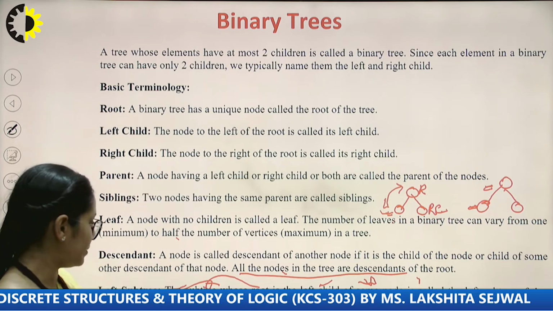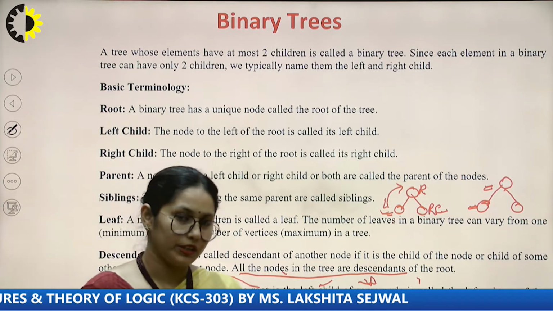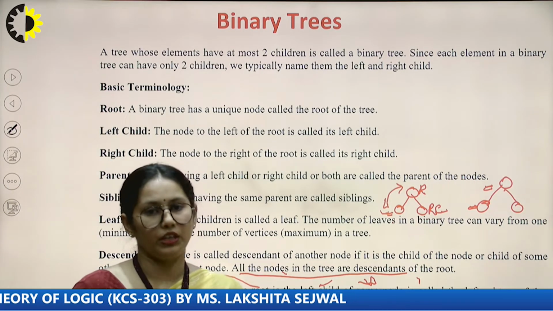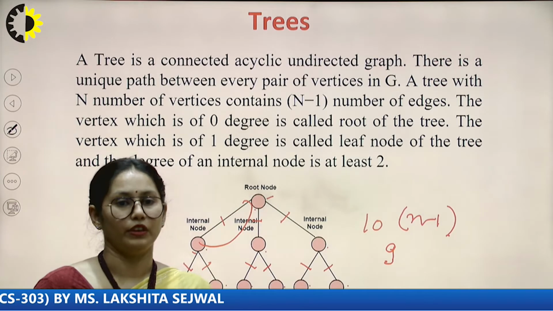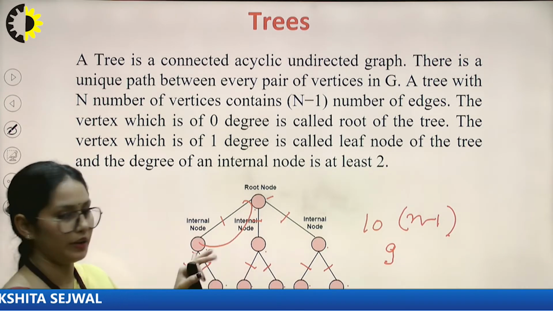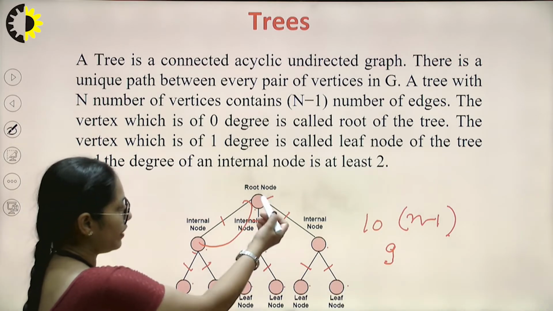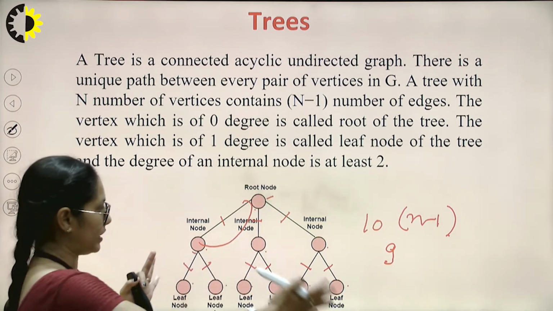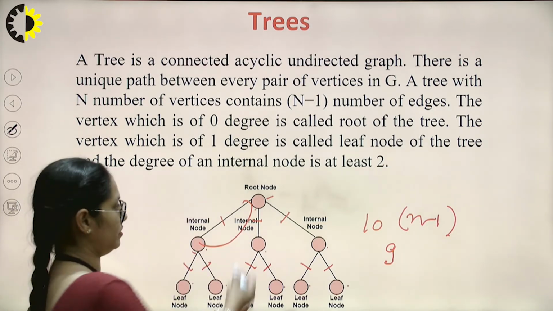Now, what is a left subtree? Let's go to the first slide. In this tree, what would be your left subtree? If I want to divide this tree into two sections, the division is done by the root node.